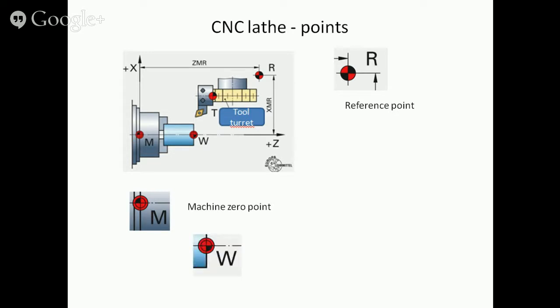The next point is the workpiece 0 point W. Its graphic symbol also has 2 concentric circles, the inner one being black colored from 3 to 6 o'clock, the rest being red or white colored.